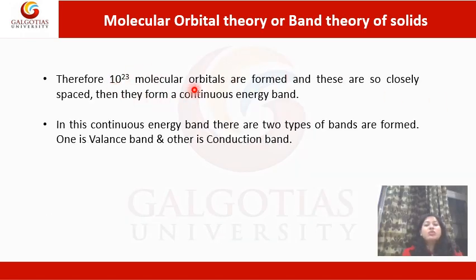Therefore, 10 to the power 23 molecular orbitals are formed, and these are so closely spaced that they form a continuous energy band. In this continuous energy band, two types of bands are formed: one is the valence band and another is the conduction band.